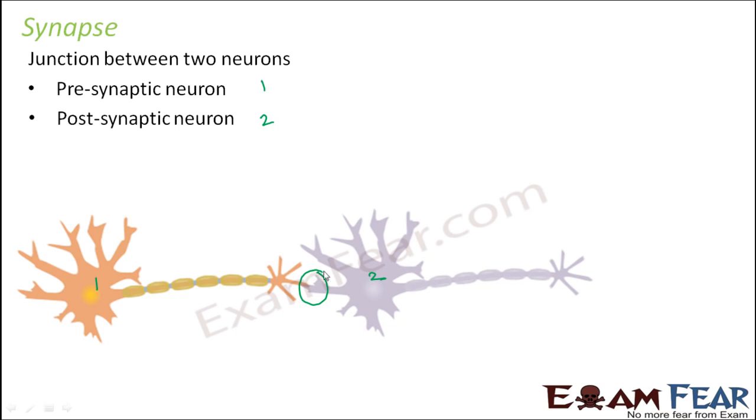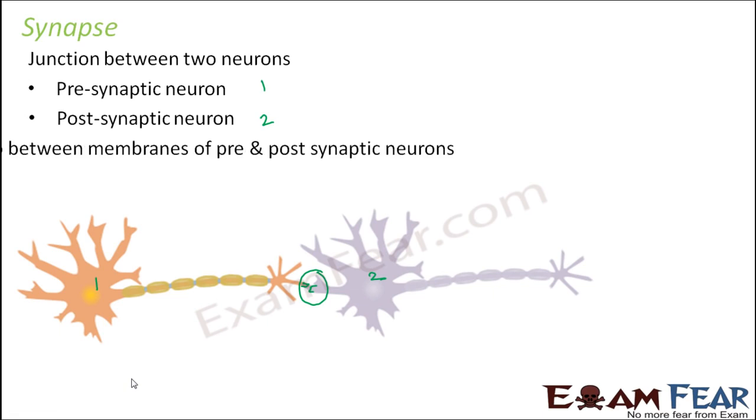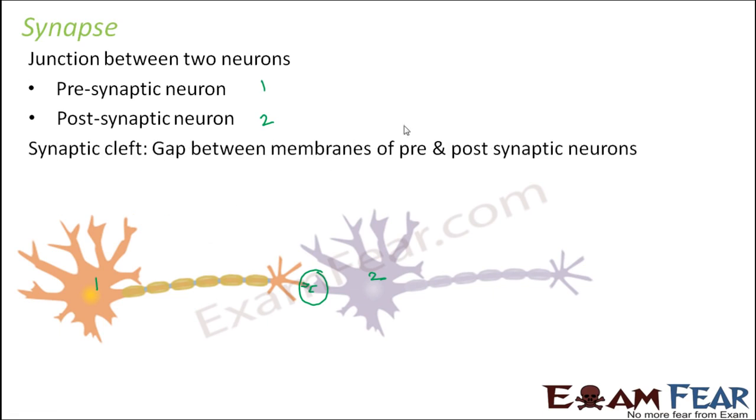How is this synapse formed? By the membrane of the pre-synaptic neuron and the post-synaptic neuron. This membrane and this membrane form the synapse. Now let us look at the structure. If you magnify this portion, this is the membrane of the presynaptic neuron and this is the membrane of the postsynaptic neuron.